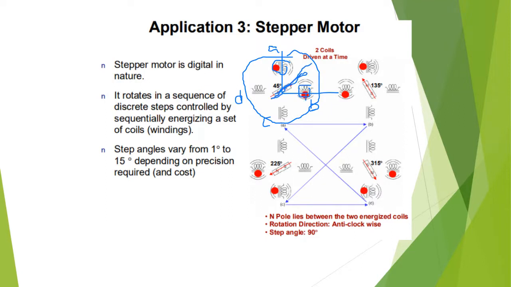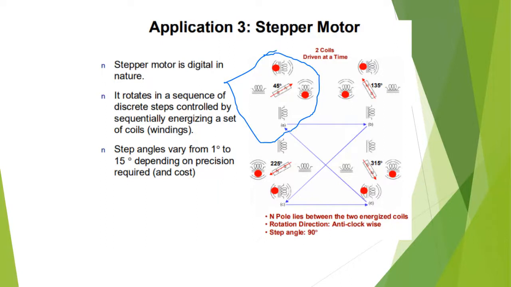Then B and C on. Sorry, A and D on, for example. Okay, let me write it again. So this is our stepper motor, and this one is A phase, B phase, C phase, and D phase.